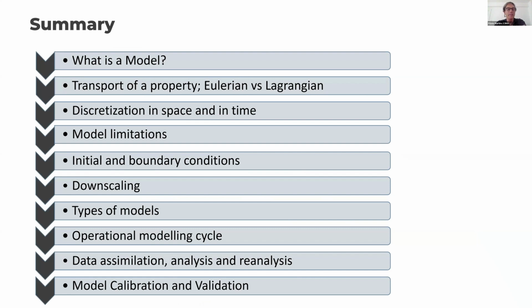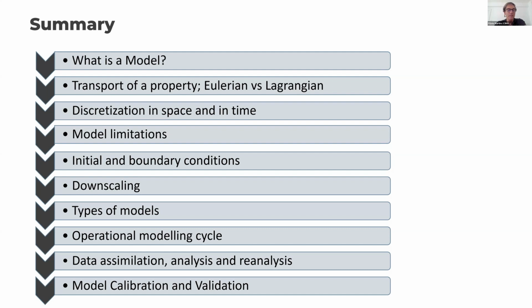And then model limitations, the initial and boundary conditions of this kind of models. We will also discuss a process called downscaling and the different types of models that exist. And then we will discuss what an operational modeling cycle is. So what is an operational model?